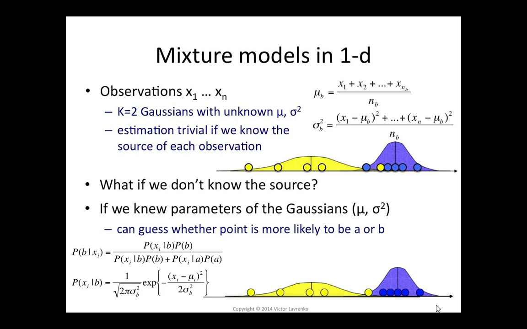If I have equal data for each, roughly speaking, P(A) and P(B) will be the same. If you have 100 data points from each, the probability of a data piece being from A as opposed to B is 50-50, so that becomes a semi-moot point here. They're equally likely. If one of them was longer than the other, we'd have to know that because that would adjust these probabilities. But otherwise, we just have those.